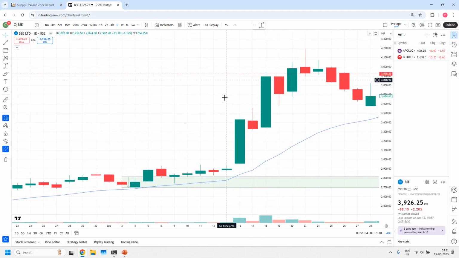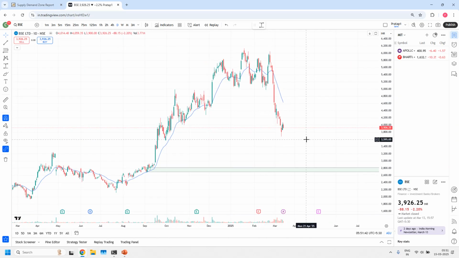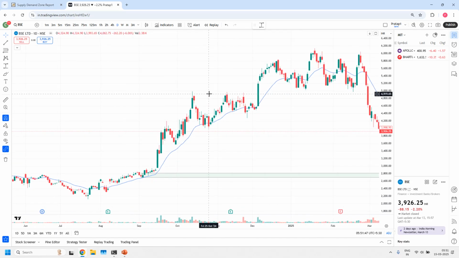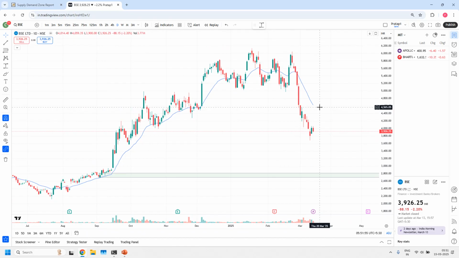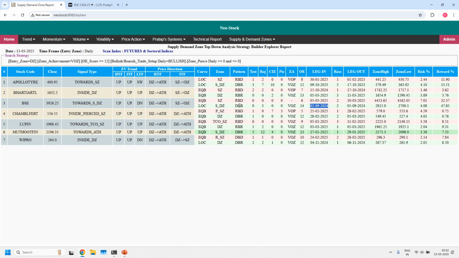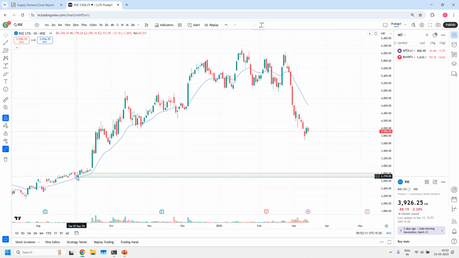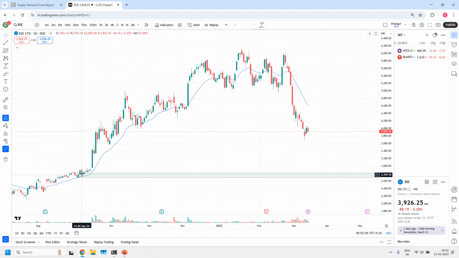Okay, perfect. 2/9/2024 to 5/9/2024. Is it 5/9? Yes. But here there is a rally base rally.